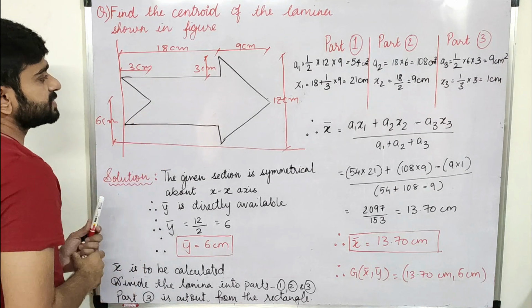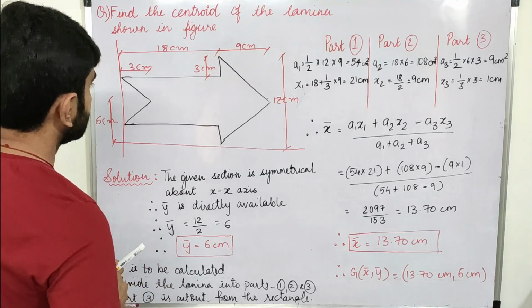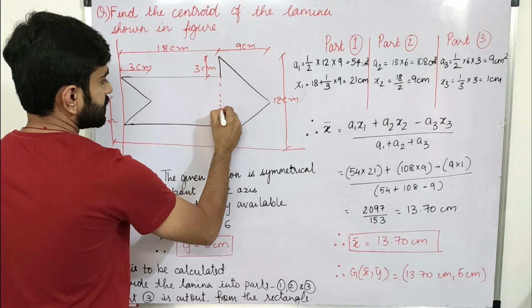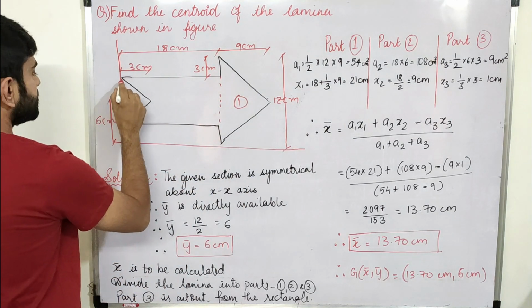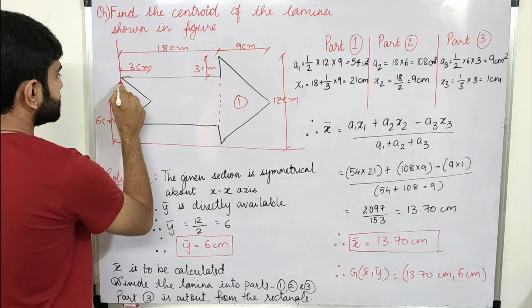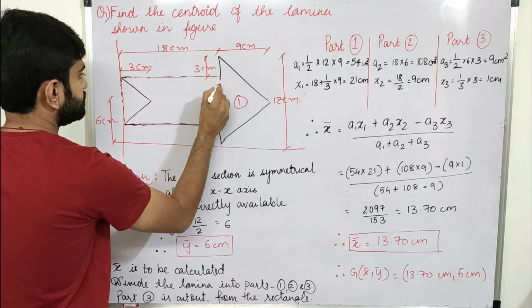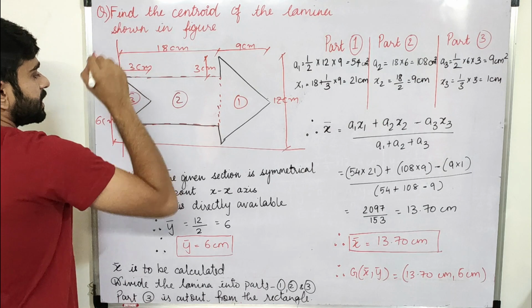This is the main thing that is different from the other numericals. Here we can divide this in 3 different parts. Suppose this is our first part, then this rectangle is our second part, and this small triangle is our third part.